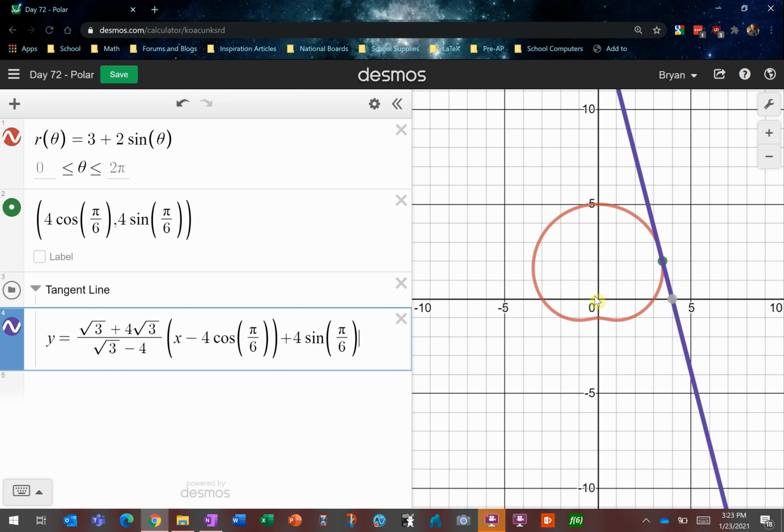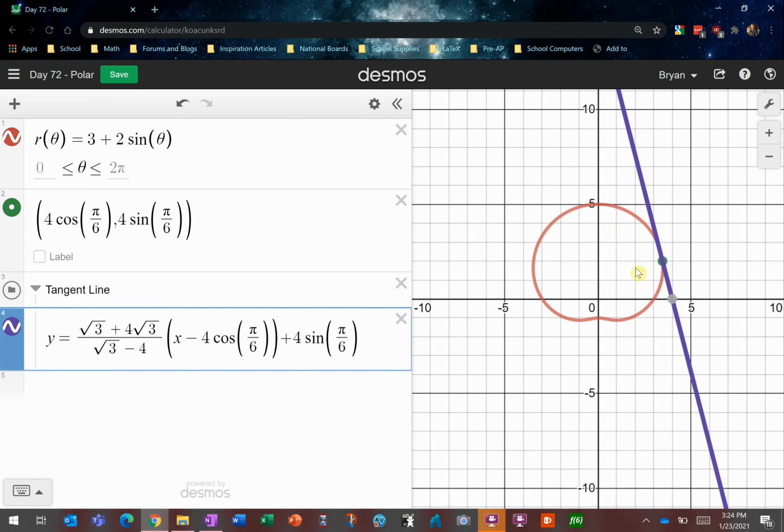Now my radius is getting smaller, so if we found dr d theta for a rotation in the second quadrant, let's say 2 pi over 3, something up here, then our dr d theta would be negative because the radius is shrinking, shrinking, shrinking till 3, still shrinking till we get to 1, and then we start growing again around the other side. So dr d theta is just measuring what's happening to the radius that is creating the points on the outside.